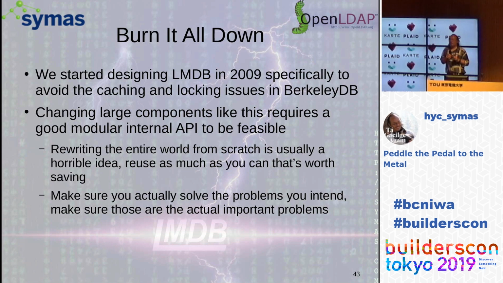Rewriting the entire thing from scratch is usually a bad idea. It can cause more problems than it solves. But if you keep track of the actual goals that you need to fix, it can play out well for you.